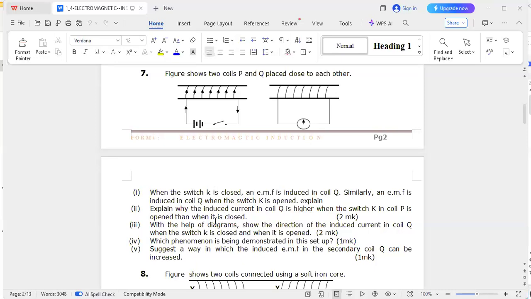Current takes a shorter time to die off than to build up, hence a higher rate of change of magnetic flux linking P and Q. That's why in an induction coil, we prefer using current dying off so that a larger EMF can be induced.